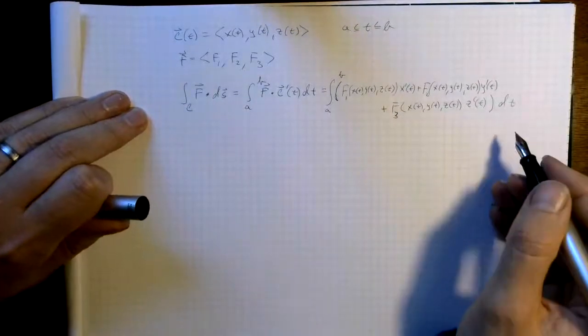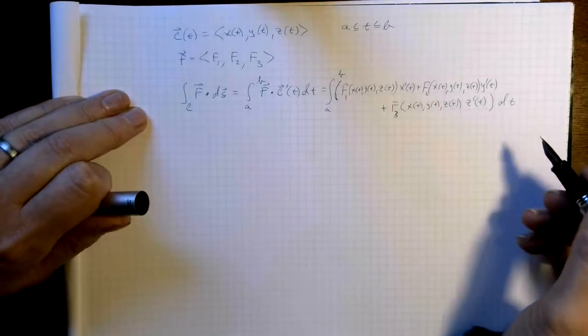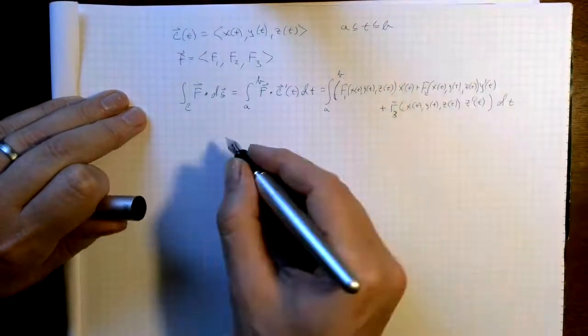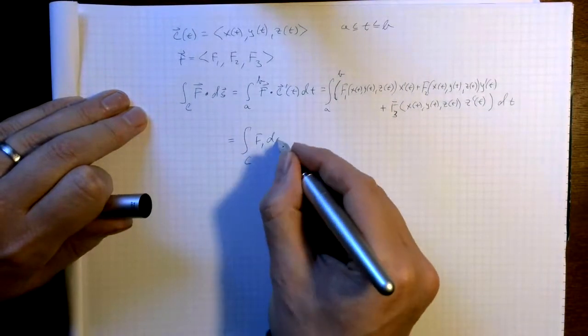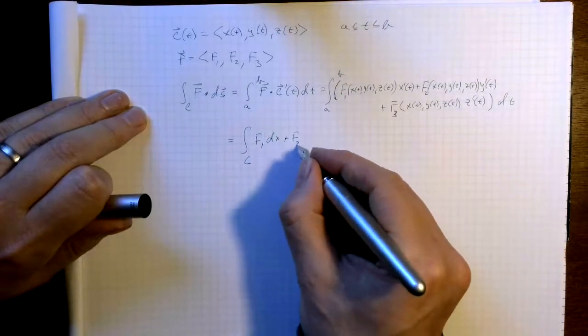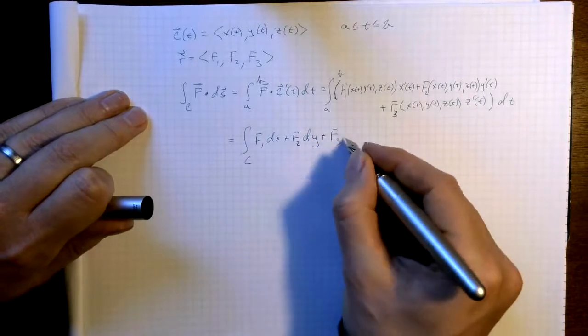So it's exactly the same thing. And again, we can write this as f1 dx plus f2 dy plus f3 dz.